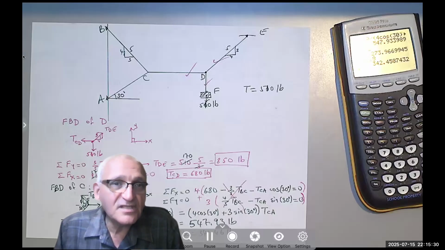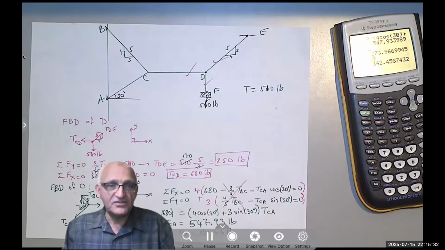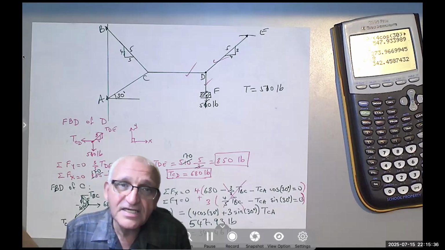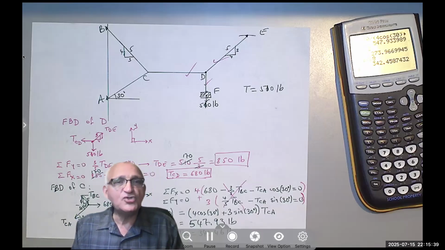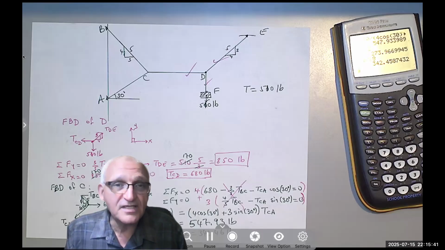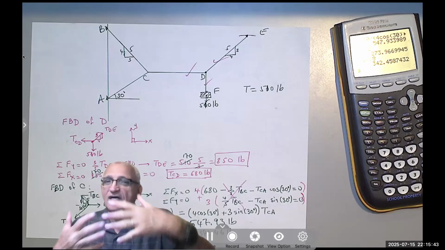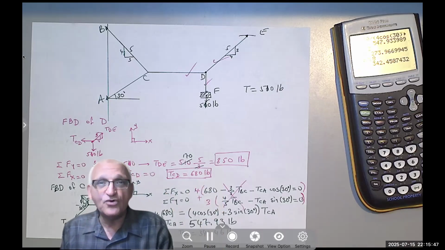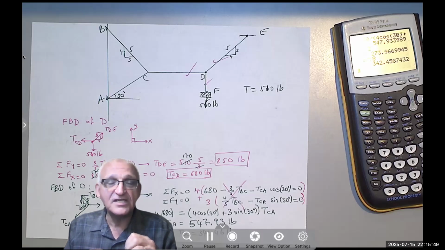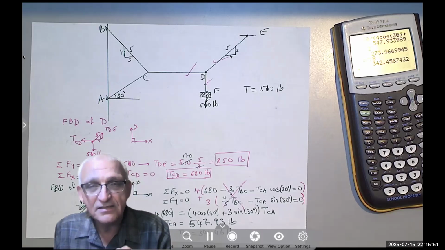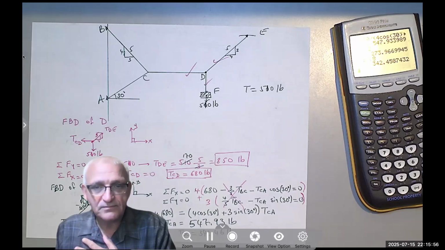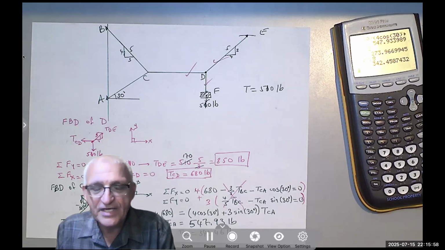I'm sorry if that was a little too long, but we covered the 2D particle equilibrium using that. And then in our next meeting, I will try to give you a 3D particle equilibrium. Now, what if the forces are in space and they have X, Y, Z? We looked at that before, how to represent forces as X, Y, Z with I, J, K in different ways.